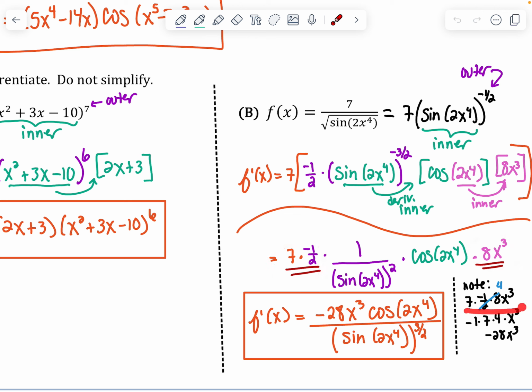The 7 times the 1/2 times the 8x cubed, where I can simplify to take half of 8, which is 4. So I've got the negative 1 times 7 times 4 for negative 28, and my x cubed stays there. So I'm going to bring this value over here and multiply it in front of my cosine of 2x to the 4th. And then the mistake here where I had a 2, I did correct to be the positive 3/2.